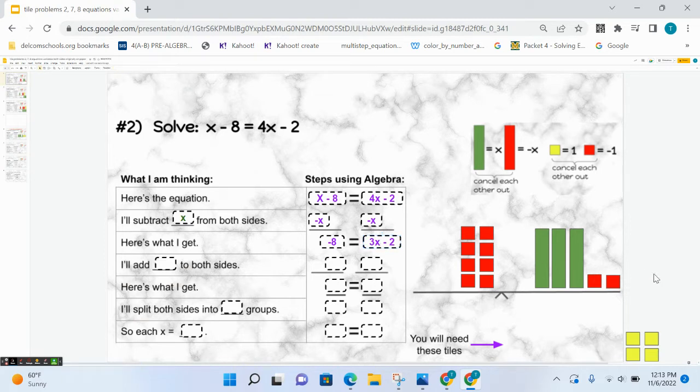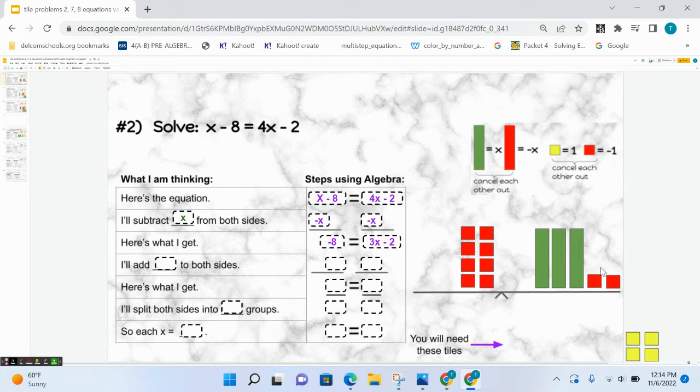So I have negative 8 balancing with 3x minus 2. Your first goal was to get all green x's, green rectangles, on one side. Your next goal is to get all these rectangles alone. I want these x's, green rectangles, I want them alone.